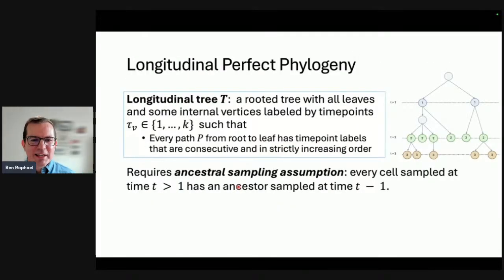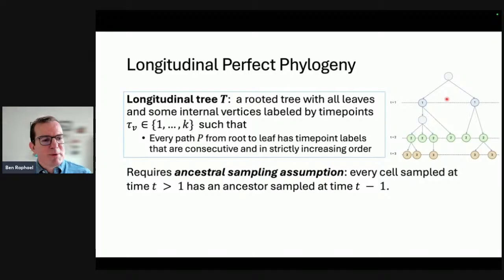All right, so here is the definition. Begin with the definition of a longitudinal tree. A longitudinal tree is going to be a rooted tree, in our case, where the leaves and some, but not necessarily all, of the internal vertices are labeled by time points. These are our observed times. We just think of these as integers from 1 to k. So all of the leaves are observed at the third time point, and some of the internal vertices are observed at earlier time points.